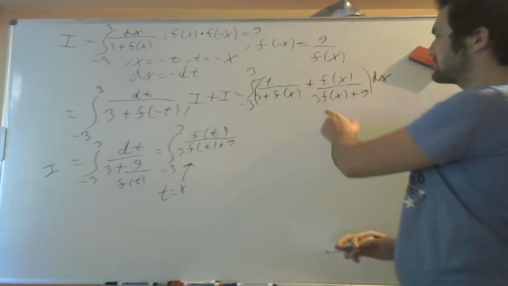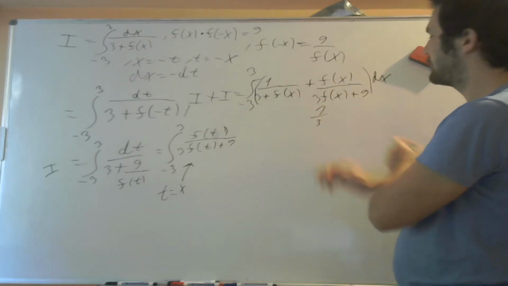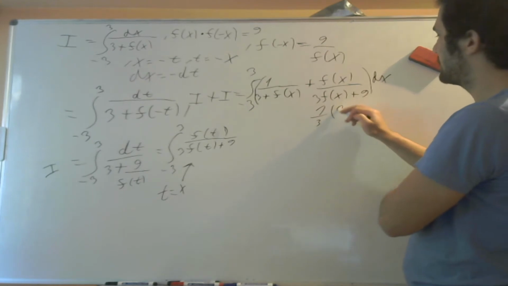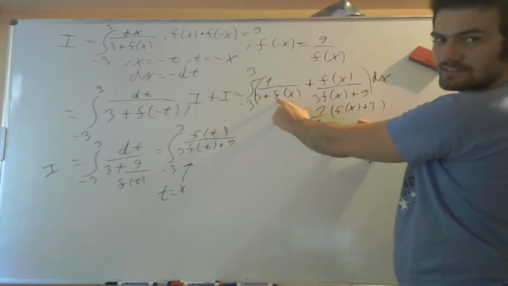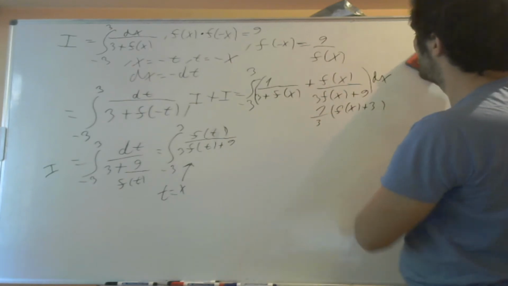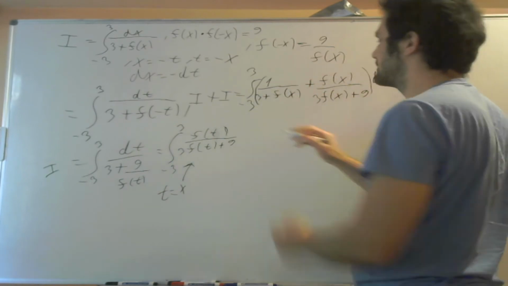And now, as you can see, this one is just a factor of 1 over 3. If we factor out 1 over 3, we will have f of x plus 3. So it's the same as this one, just with a difference of 3. So when we add those two fractions, we will have just plus 3 in the top.